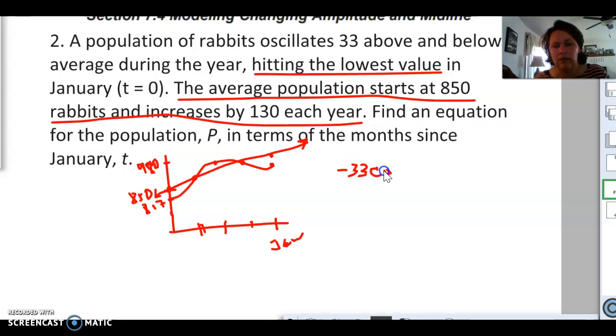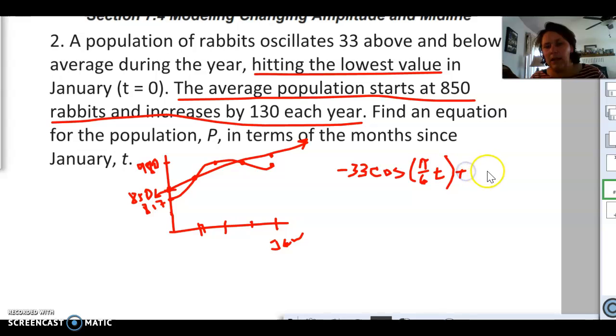So negative 33 cosine of, so our period is, it takes 12 months to get through the whole year. So our b value is 2 pi over 12, which is pi over 6 times t. And I'm starting mine right at 0, so I'm not shifting left or right any.